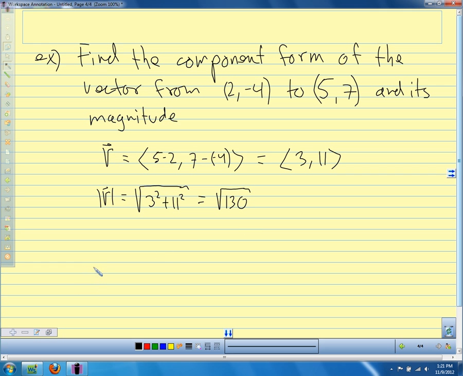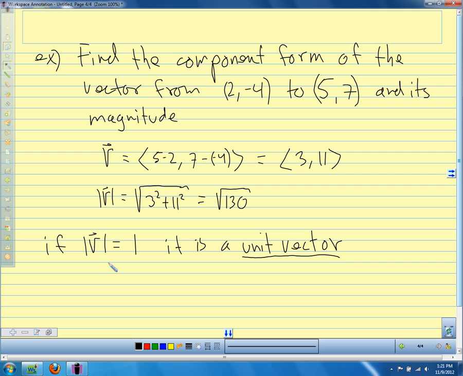If the magnitude of a vector equals 1, we call it a unit vector. So a unit vector is just a vector with length 1.